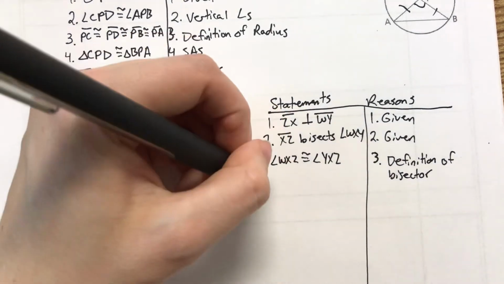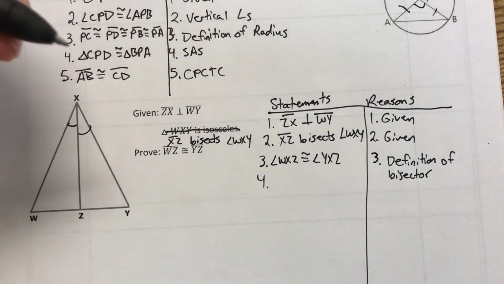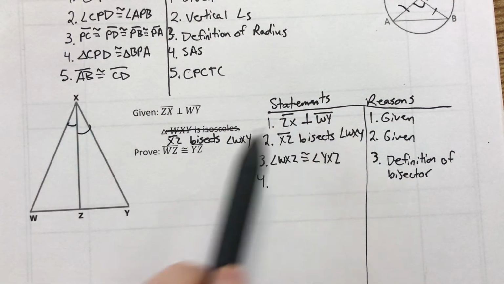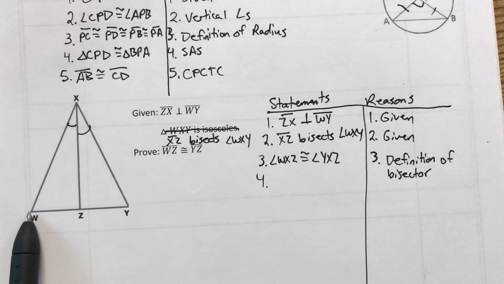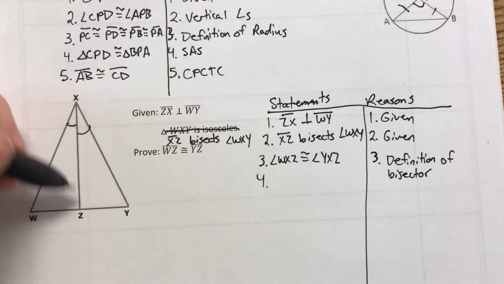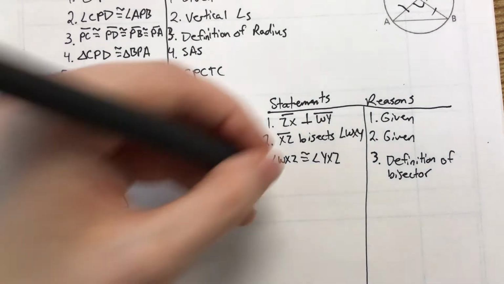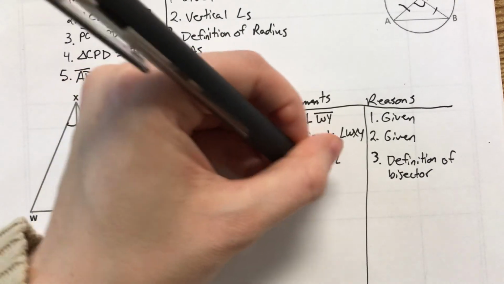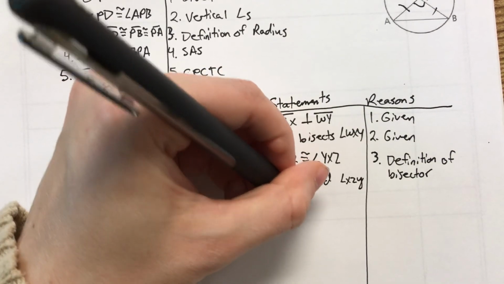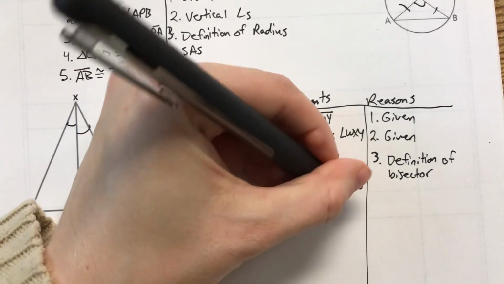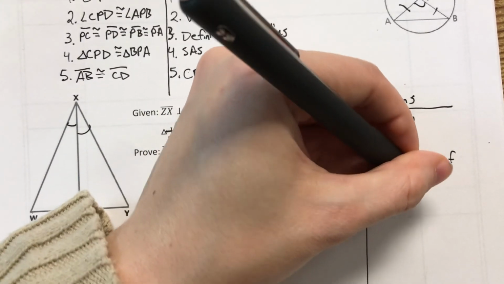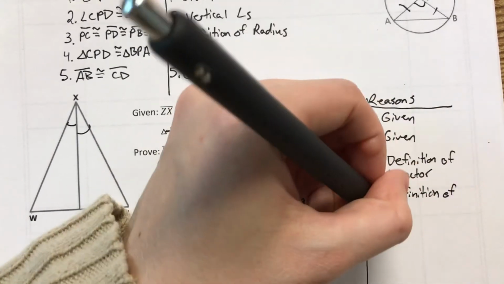All right, so then we've got number 4, and that's going to be coming from the perpendicular. So we know that if two lines are perpendicular to each other, they create right angles. So we need to say that angle XZW and angle XZY are right angles. And we know that because of the definition of perpendicular.